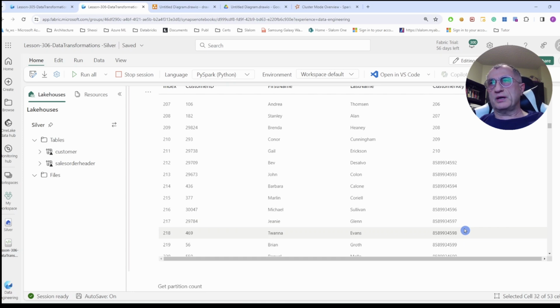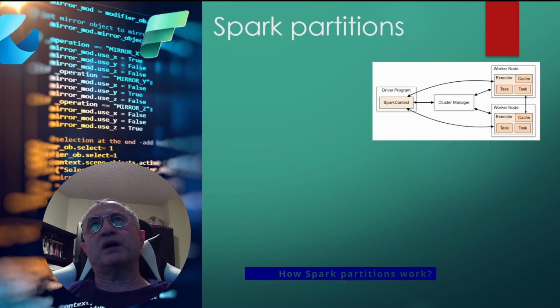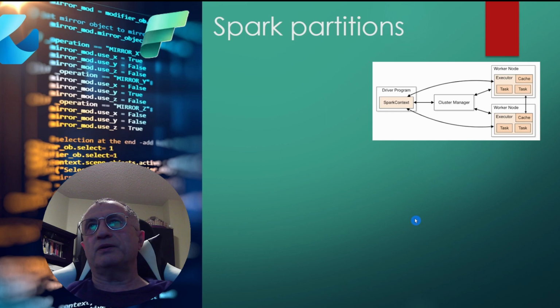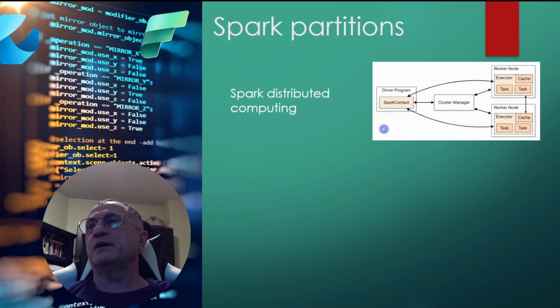So let's have a quick discussion around that. Let's talk about Spark clusters and parallelism. I mentioned earlier that Spark is a distributed computing system. This is a diagram that I borrowed from the Databricks site, and it illustrates how this computing works. In each cluster, you would find a driver node, which is kind of the brain of your cluster.